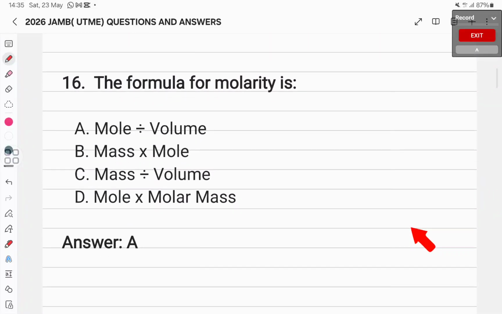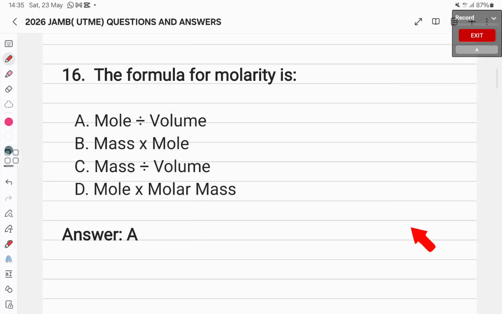The formula for molarity is simply what we call molar concentration now. Molarity of a solution is defined as the amount of solute present in 1 dm cube or 1000 cm cube of the solution.